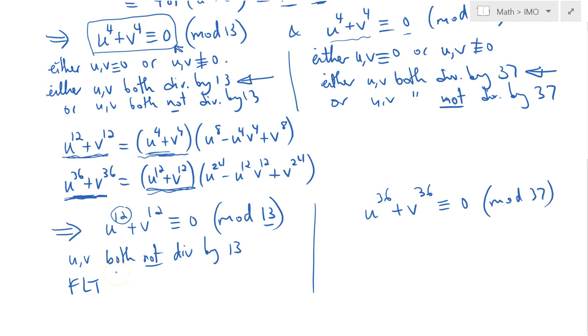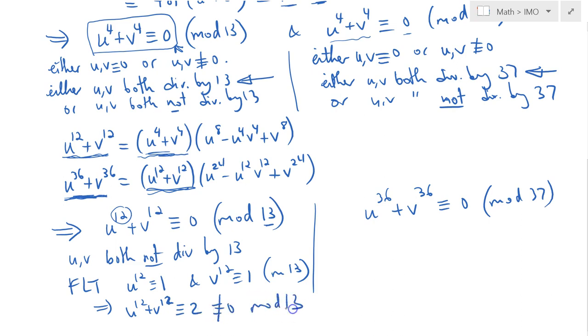So by Fermat's Little theorem, u to the 12 is congruent to 1, and v to the 12 again is congruent to 1 in mod 13. But this implies that u to the 12 plus v to the 12 is congruent to 2, not 0 in mod 13, which can't be.